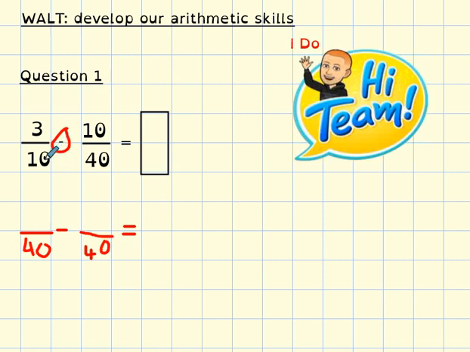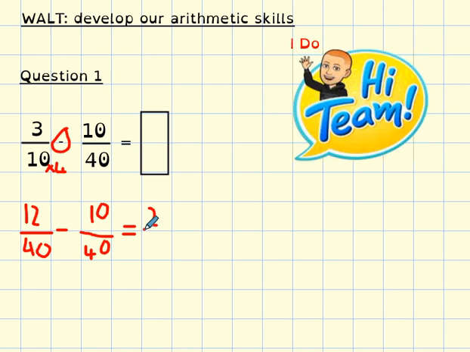What did I times 10 by to get to 40? I times it by 4, because I do the same to my numerator as I do to my denominator. 4 times 3 then would give me 12. The second fraction remains the same because I've timesed the denominator by 1, so the numerator gets timesed by 1. And then I just merely subtract, looking at the numerators because my denominators are the same.